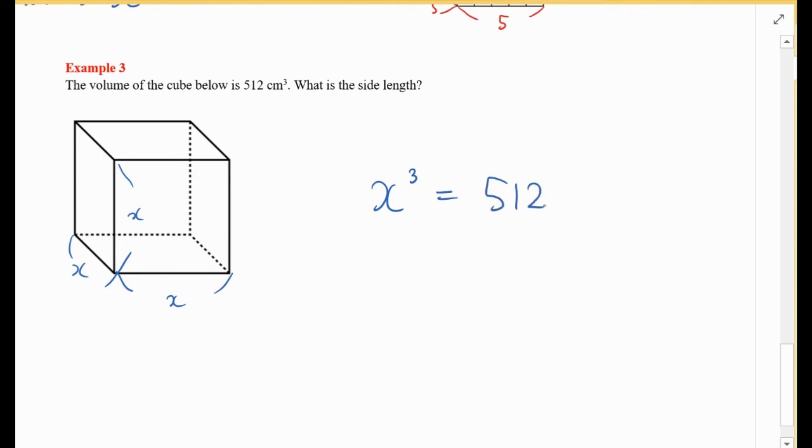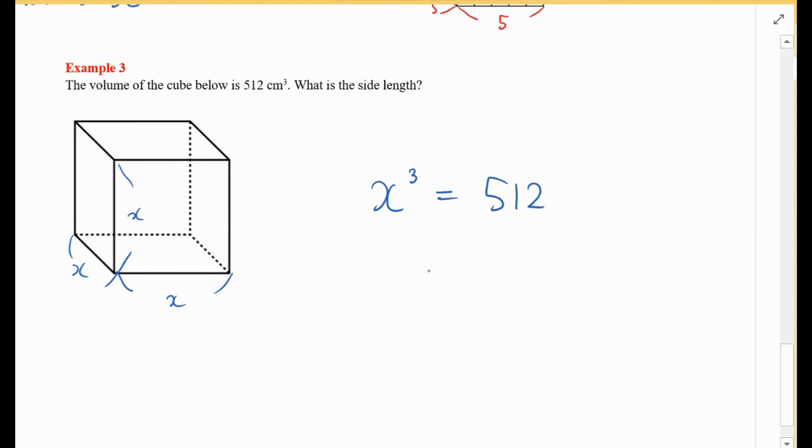Is that right? So when you multiply the same number 3 times, that should be 512. So we're going to find that number. Let's think about what number you have to multiply 3 times to get 512.